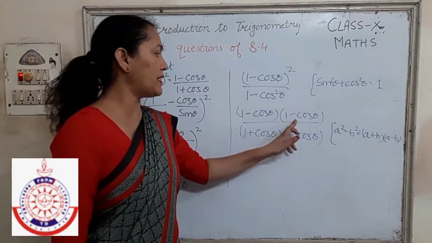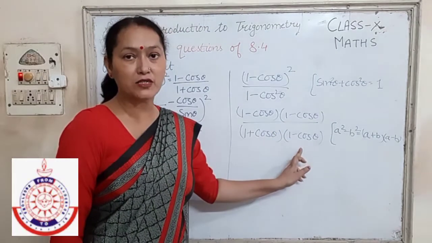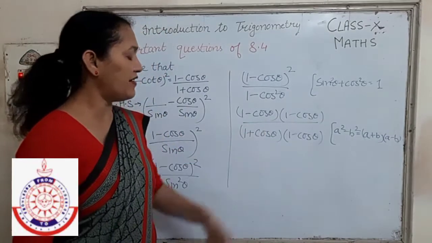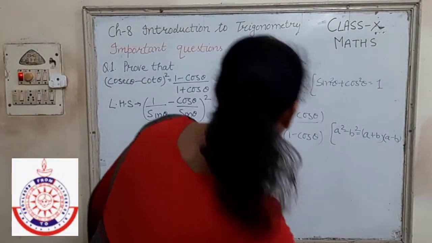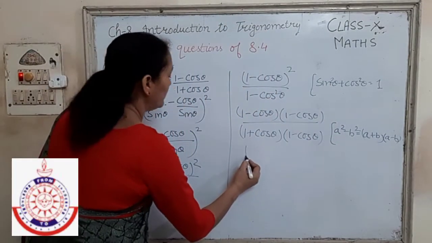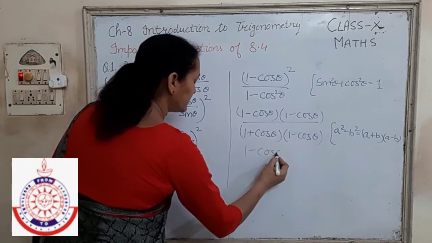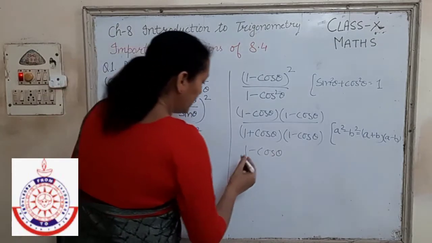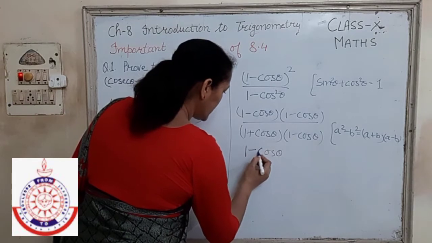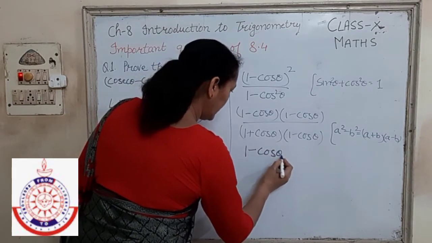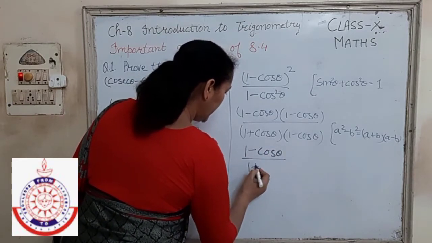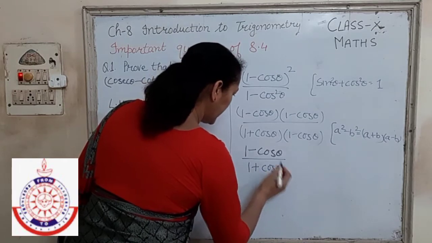So, 1 minus cos theta will get cancelled with 1 minus cos theta and we will be left with 1 minus cos theta upon 1 plus cos theta.